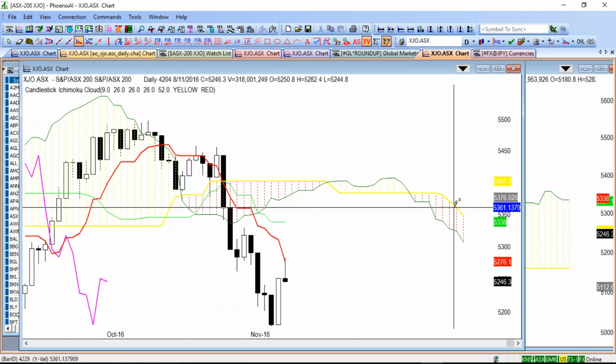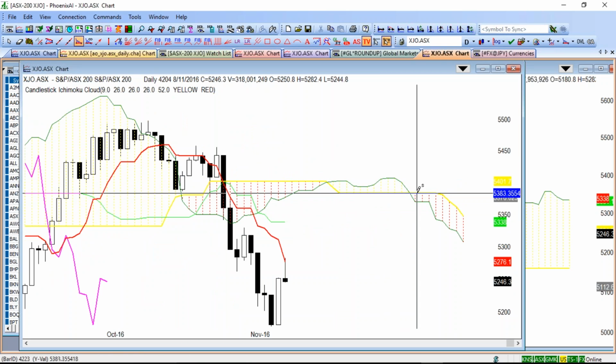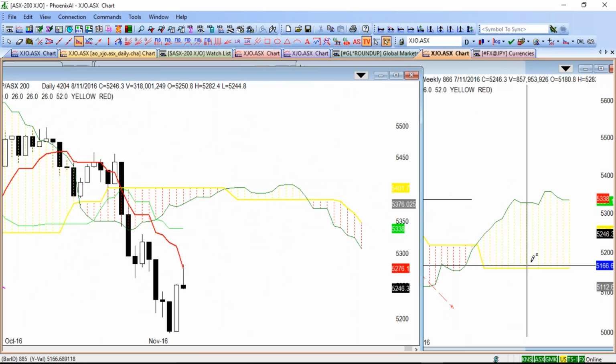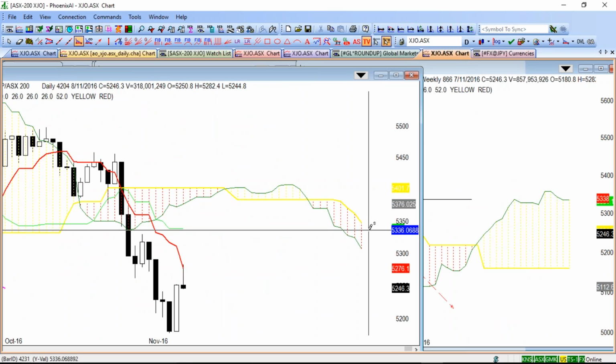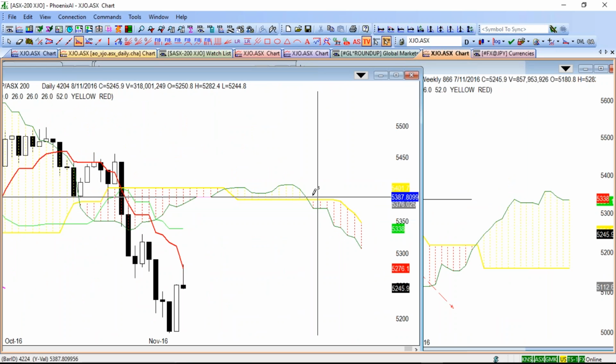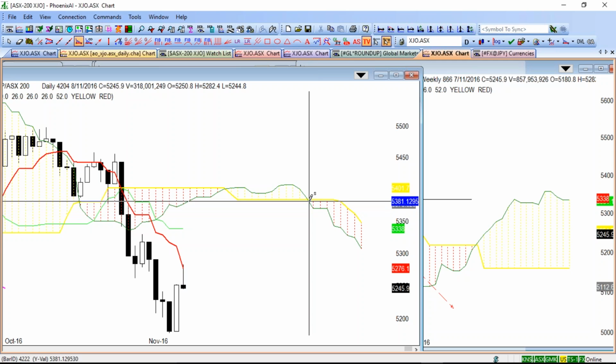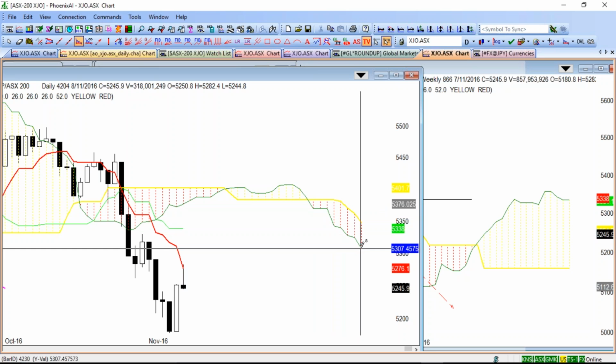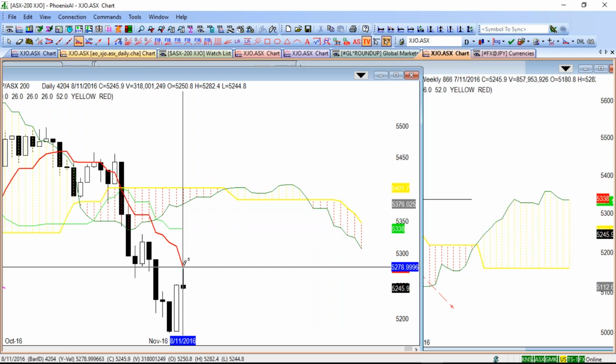What we're seeing here is that the cloud is quite thin, and contrary to the weekly chart, which has a bullish cloud, the daily cloud has turned bearish, with the B line moving down and the A line below that having crossed over into a bearish movement, and we have resistance here at the Tenkan Sen.